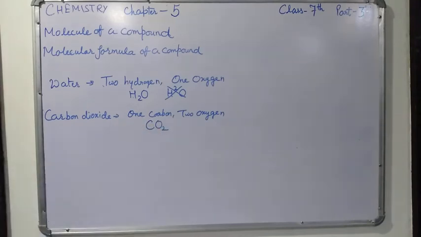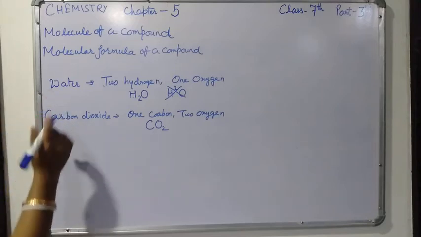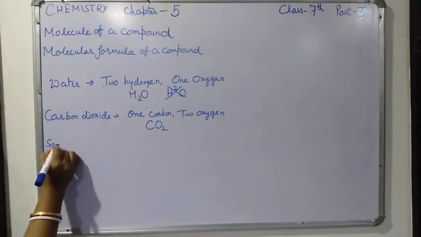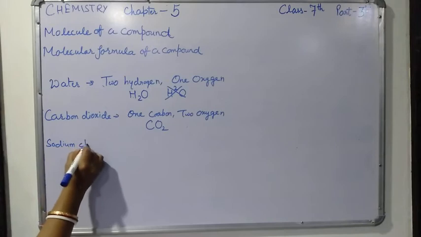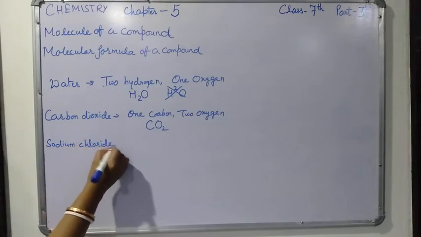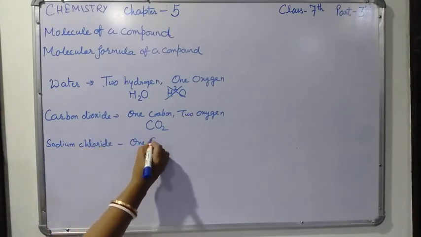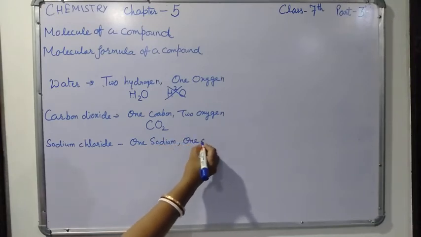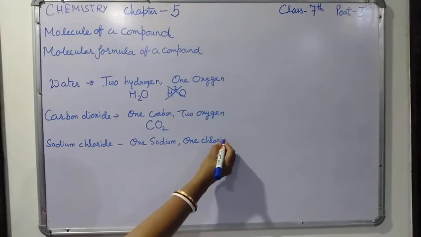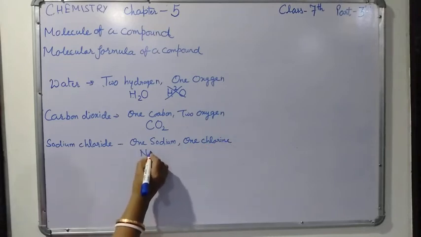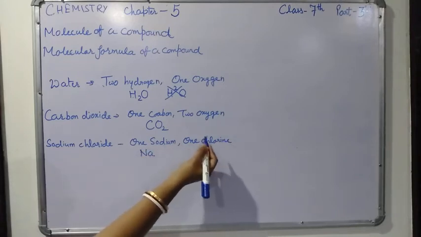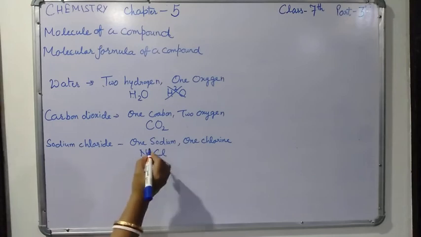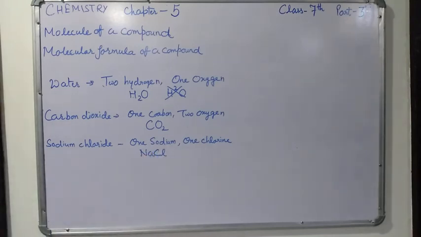So this is the molecular formula of carbon dioxide. Sodium chloride, I told you, has one sodium atom and one chlorine atom. Sodium symbol is Na and chlorine symbol is Cl. So NaCl.